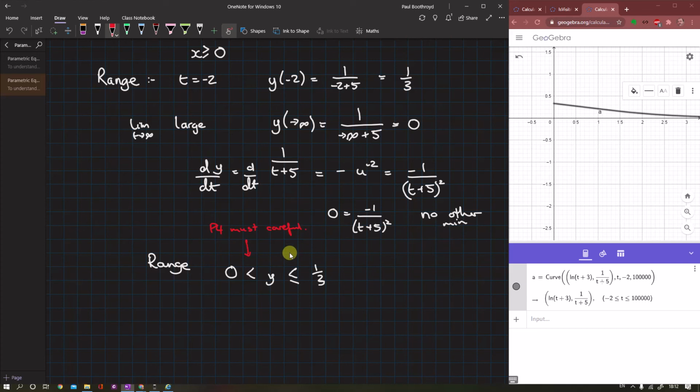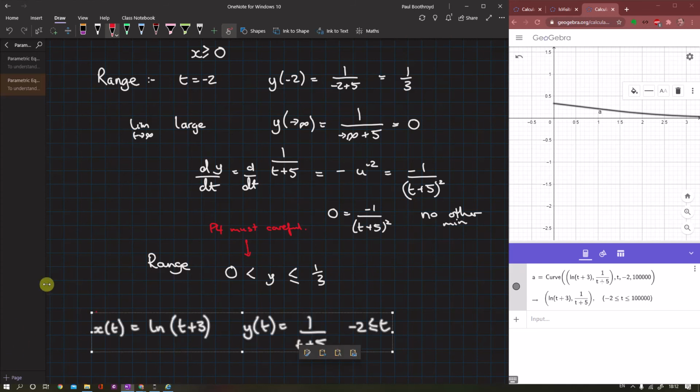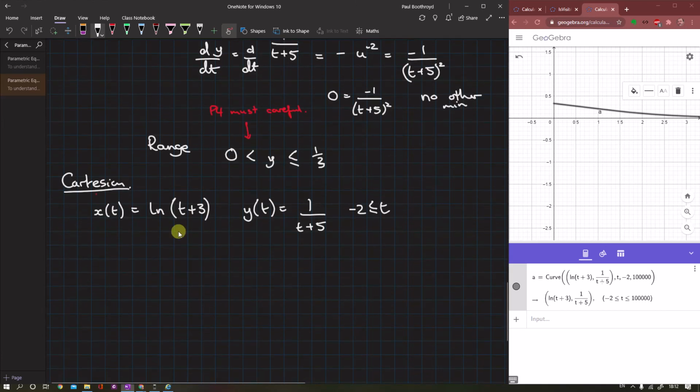Last part is the Cartesian equation. So we want the Cartesian equation of this function. The Cartesian equation, what we need is to find one equation in terms of t, and we can substitute it into the other one. I'm going to look at doing it with this one. So we need to rearrange this so t equals something.